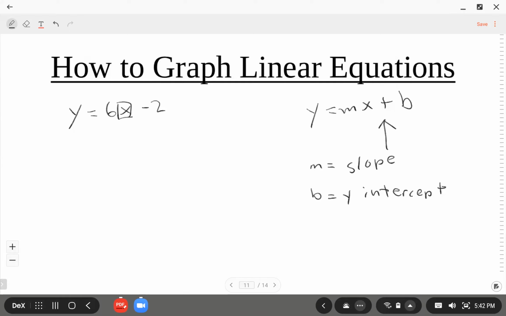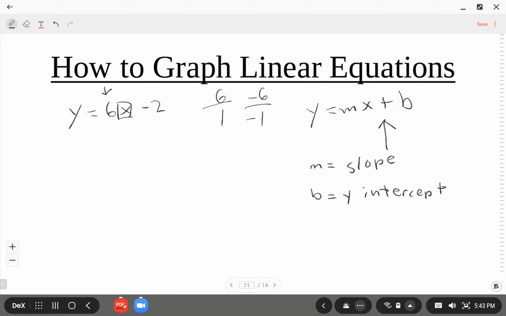So the numeral multiplying x is going to be the slope, right? So we have our slope 6 right here. But usually it's y2 minus y1 over x2 minus x1, right? So why isn't it in fraction form? Well, it doesn't need to be in fraction form because it's an integer. You can just express it as 6 over 1. Also, you can express it as negative 6 over negative 1, okay?